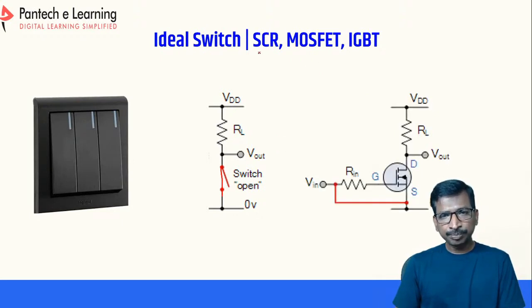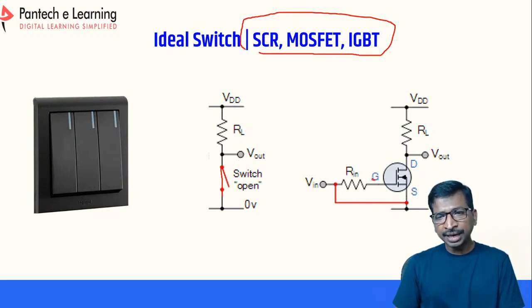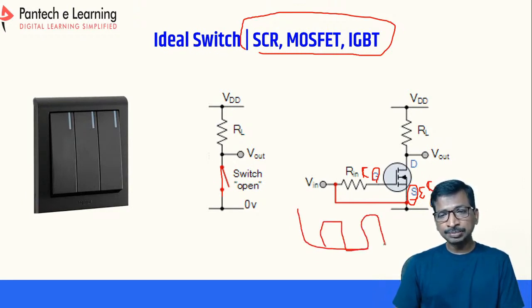Similarly, for solid state devices like SCR or MOSFET or IGBT, if you apply a voltage between the gate and source terminal for a MOSFET, the gate and emitter terminal for an IGBT, and the gate and cathode terminal for an SCR, right? So if you apply gate pulses between these two pins, then the circuit will get closed and the current will pass via this circuit. Simply, you can understand it as a switch.